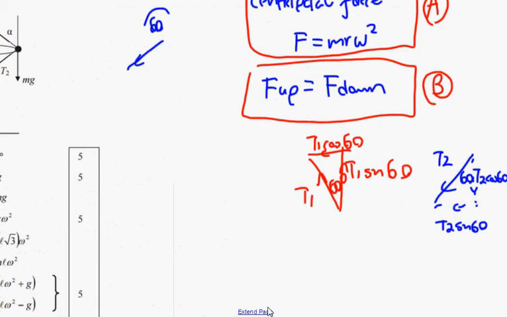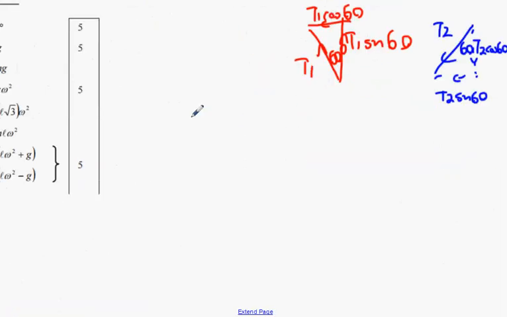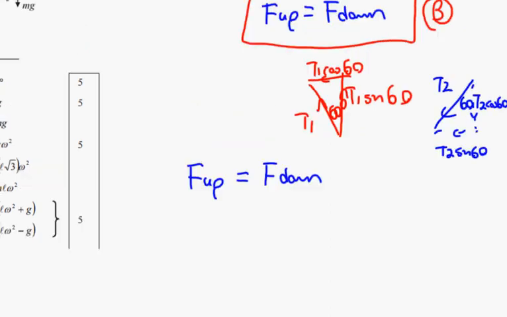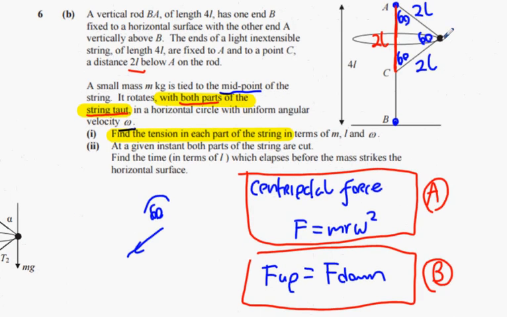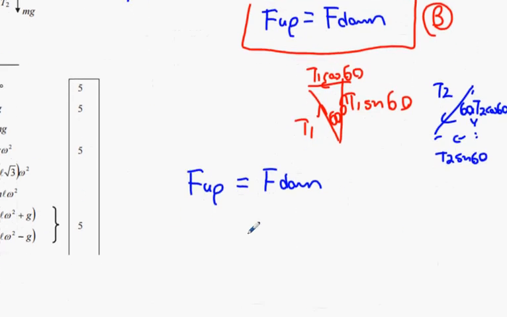So, forces up equals forces down. So what's going up, guys? And we also have to remember mg going downwards, isn't it? So mg is going down. What else is going down? T2 cos 60 going down.